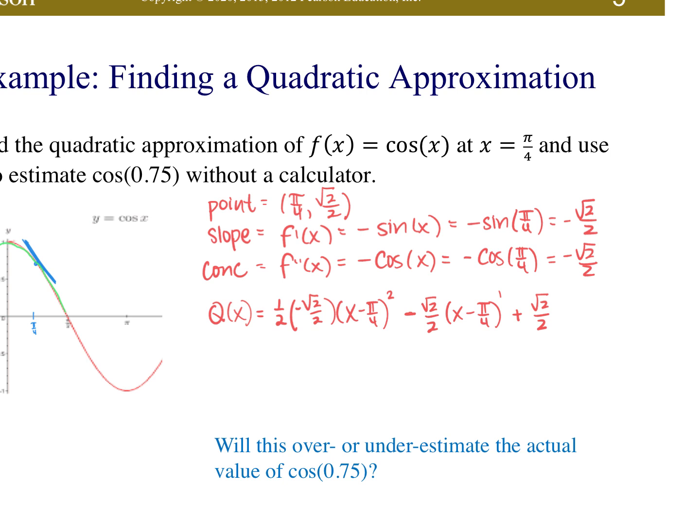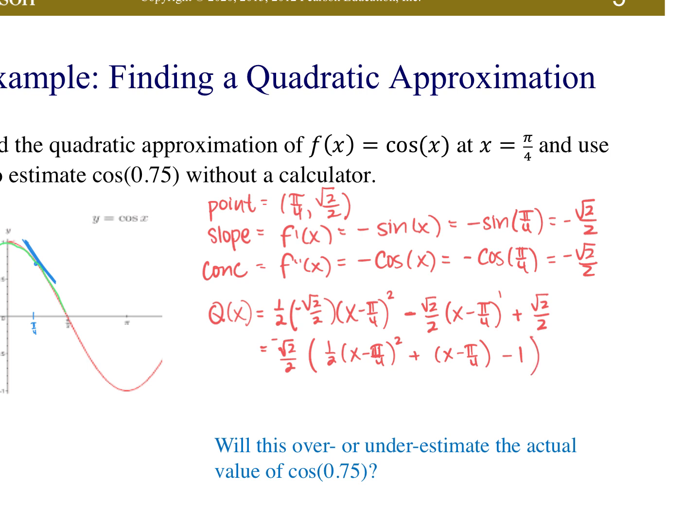Now we can simplify that because you might notice that everything has a rad 2 over 2 in it. So another way we could write that would be to pull a negative rad 2 over 2 out. That would leave me with half of x minus pi fourths squared plus x minus pi fourths to the first, and then minus 1. That's another way to write that same quadratic.